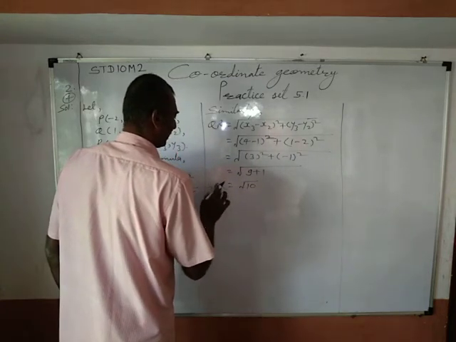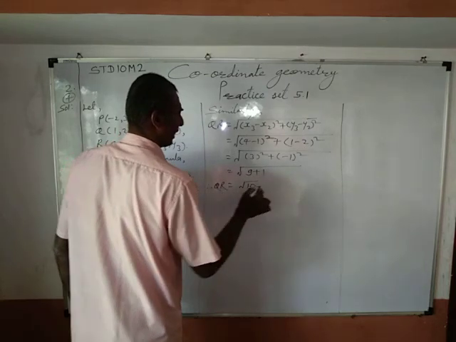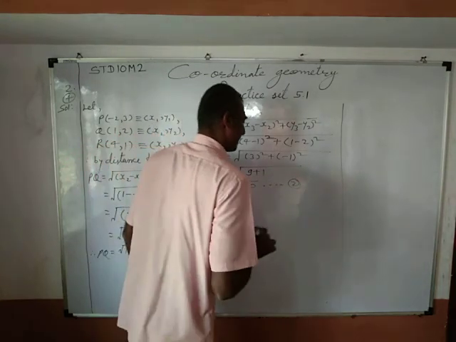Therefore, QR equals root 10. Let's call it equation second.